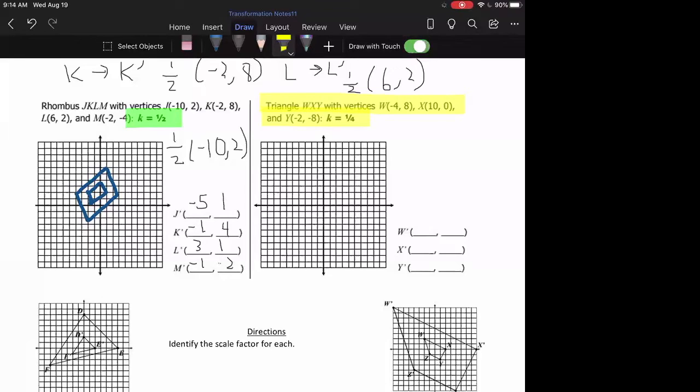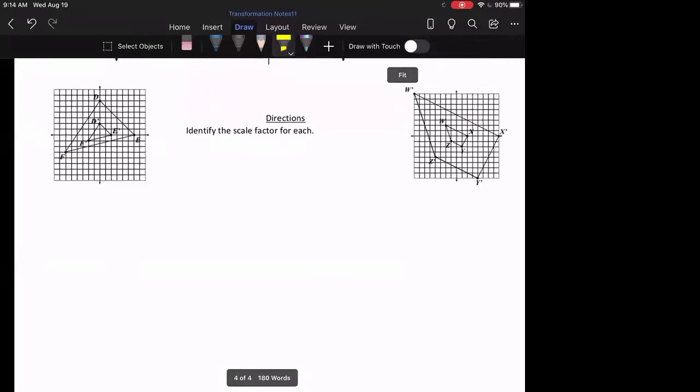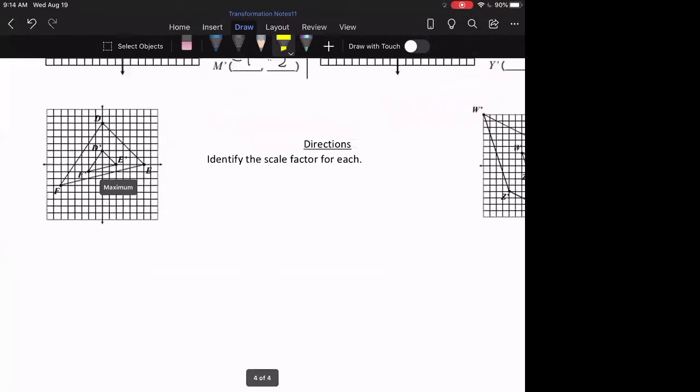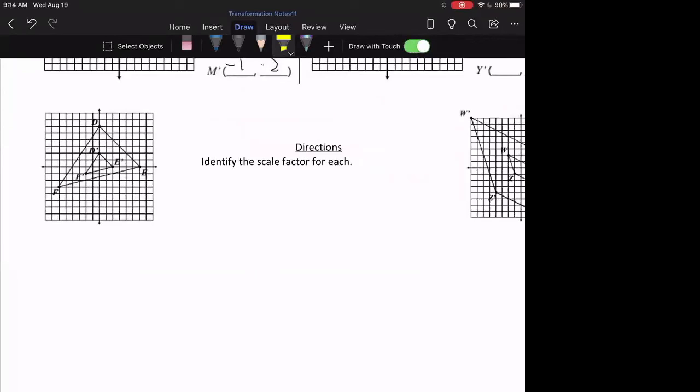Now if we have to identify the scale factor for an image, we'll look at this one and pick one point. We'll look at E. The point E is 6, 0, and E prime is 2, 0.